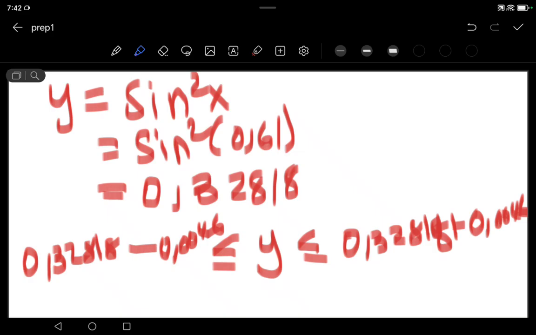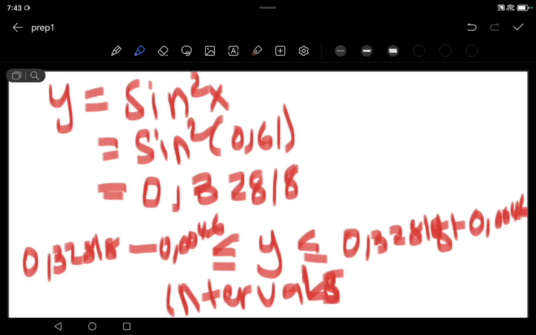The question will come and say calculate the intervals. This is what you do. Do you have any questions? No, not yet. So which means you're following, right?